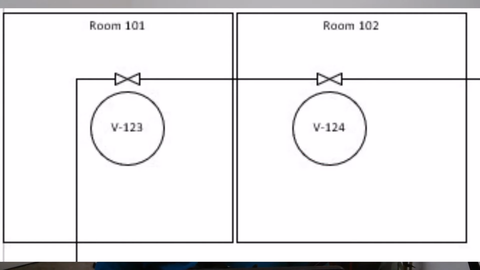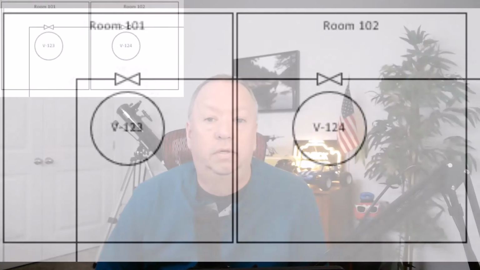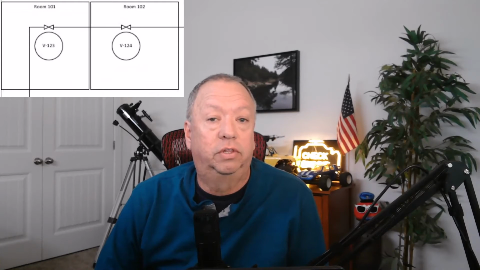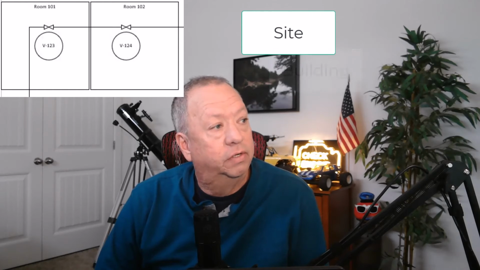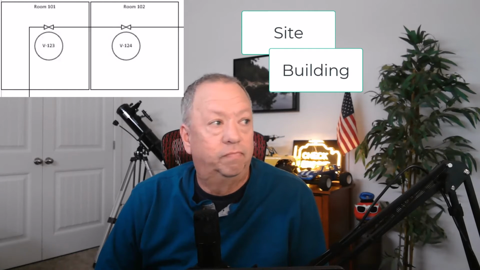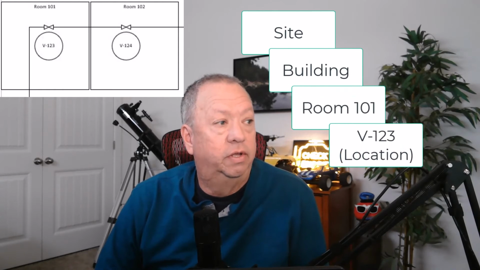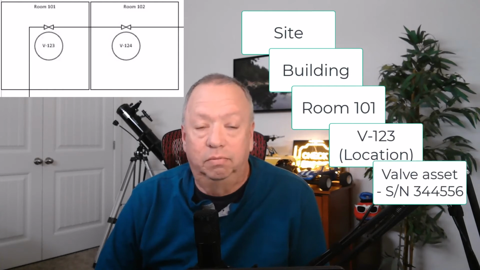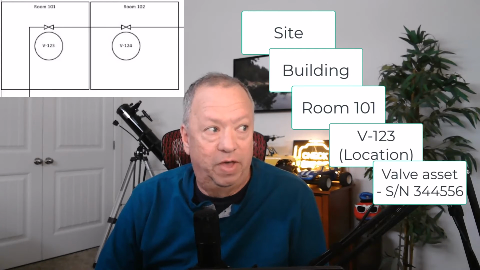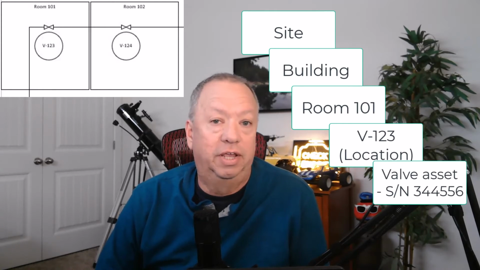Or, in the context of how your organization captures cost, should valve 123 be in its own location within or under room 101? In that case, the hierarchy would look like the following. You start with your site, and then the building, and then room 101, and then, of course, a location for valve 123. And then, perhaps, most likely, the actual valve asset that is sitting at that location.